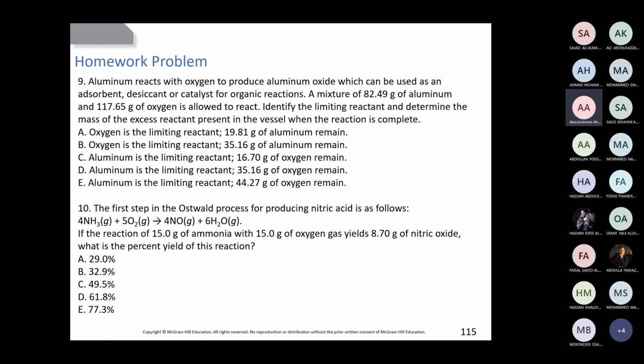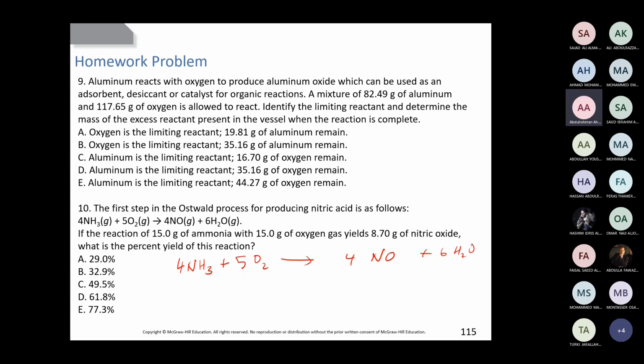I think I'll do 10 and then I will leave 9. Here we have 4NH3 plus 5O2 to give you 4NO plus 6H2O.